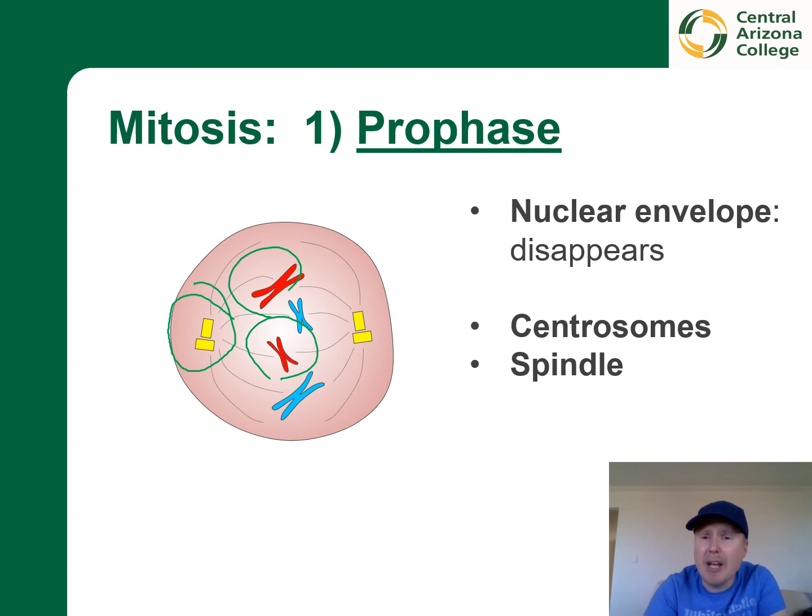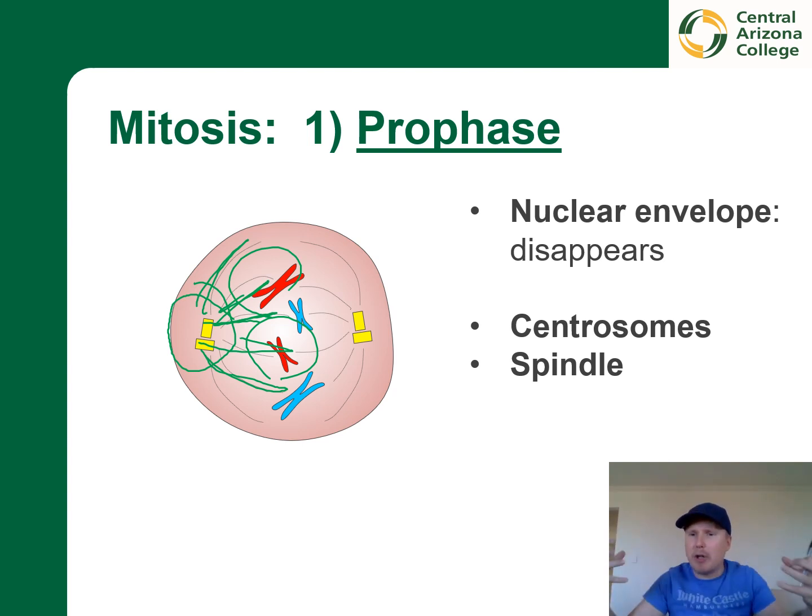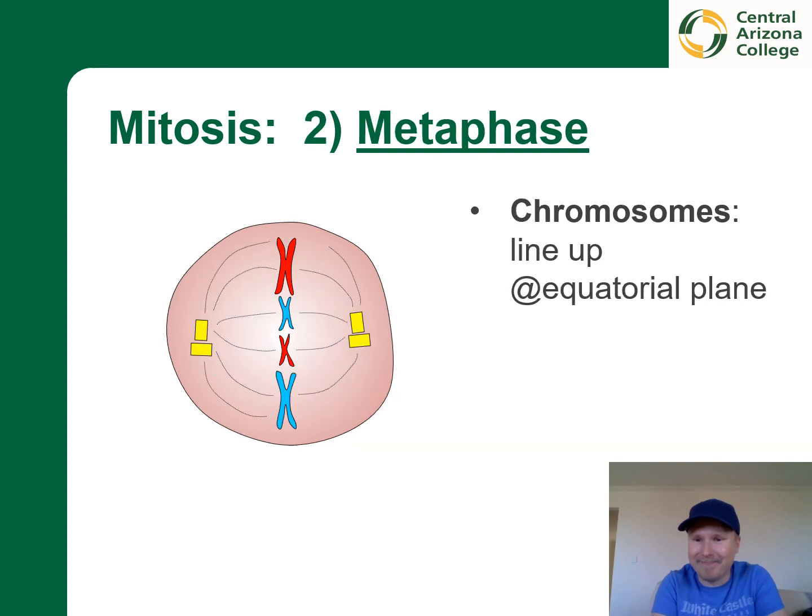And from these also a spindle forms. Spindle is this bunch of protein fibers within the cytoplasm, and these will help with pulling the chromosomes to the right sides where they need to be.